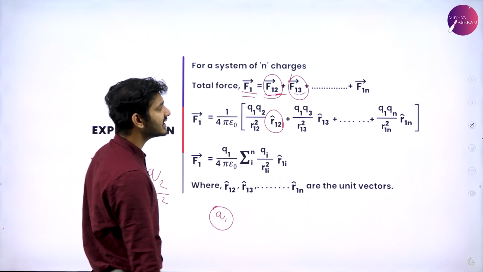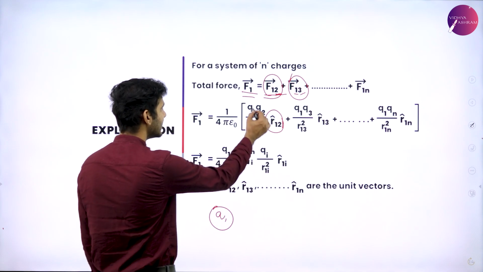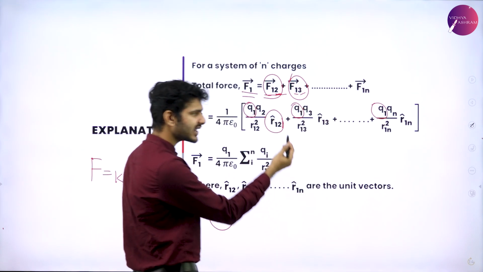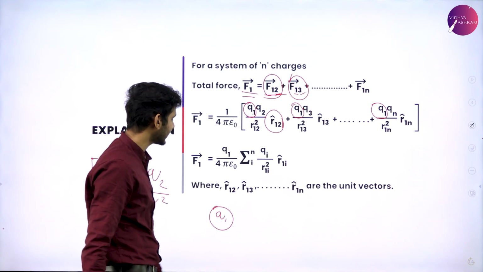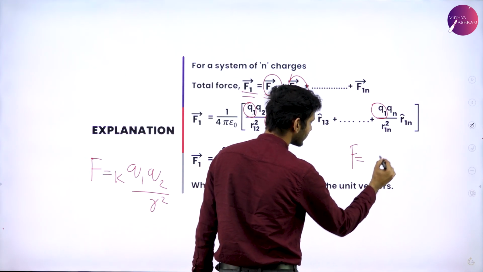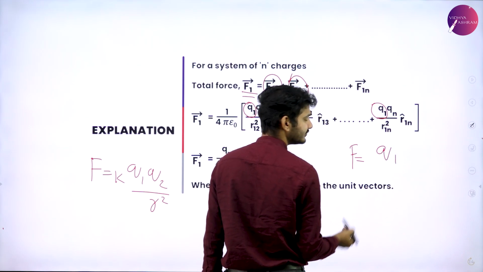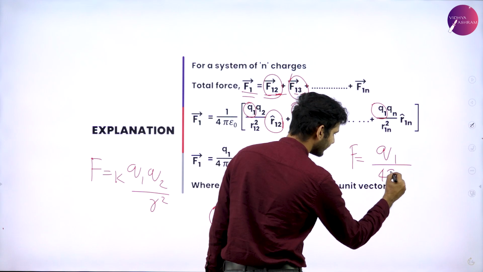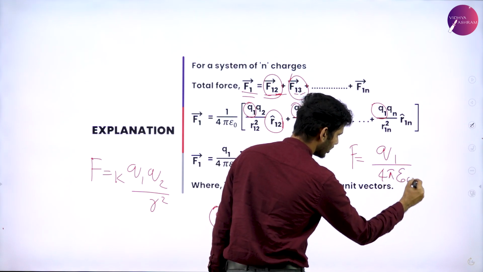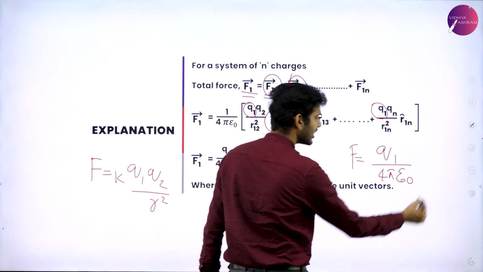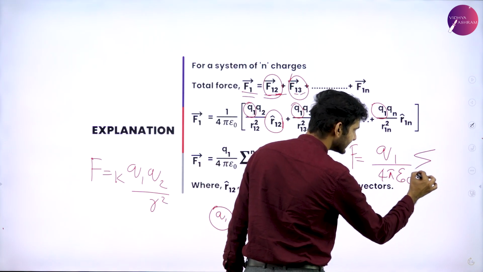Q1 is common everywhere, so we can take that Q1 also outside and say that F is equal to Q1 divided by 4 pi epsilon naught, which is common everywhere, and then we use this capital sigma.